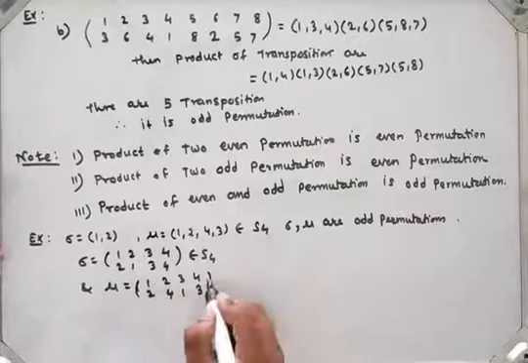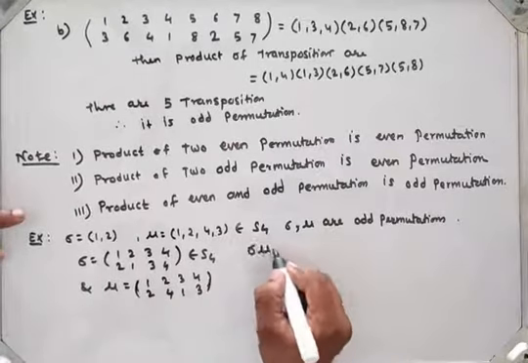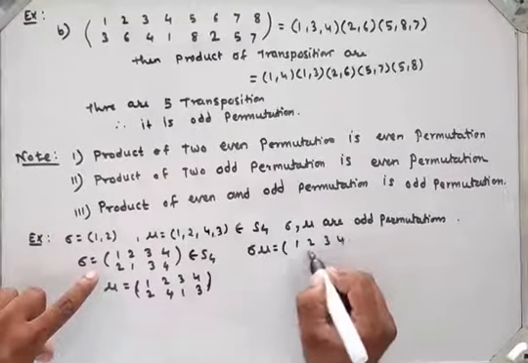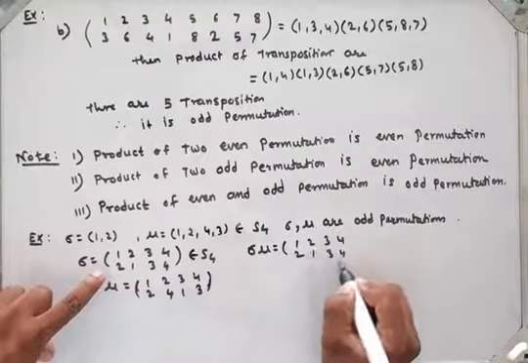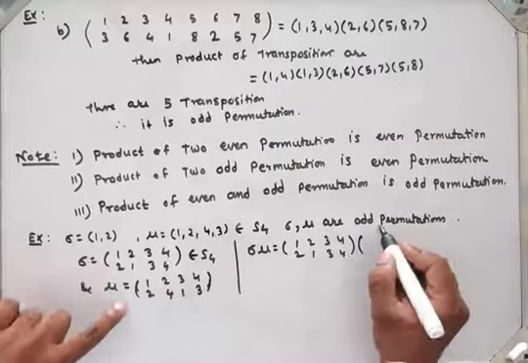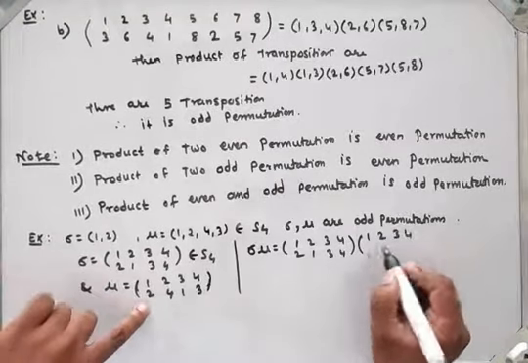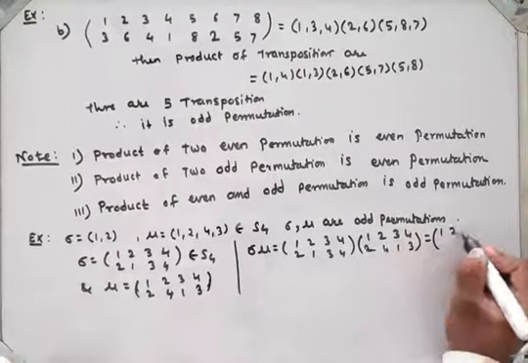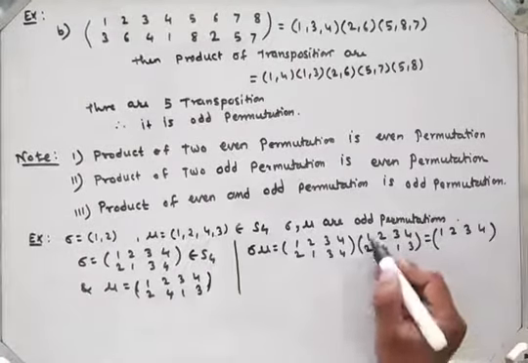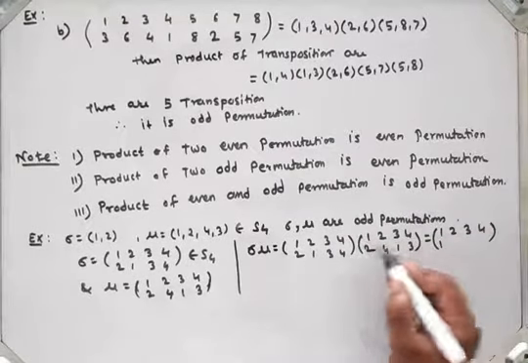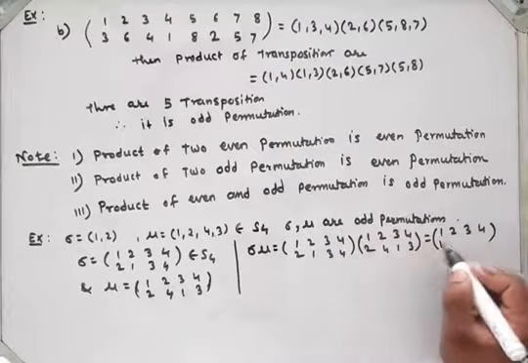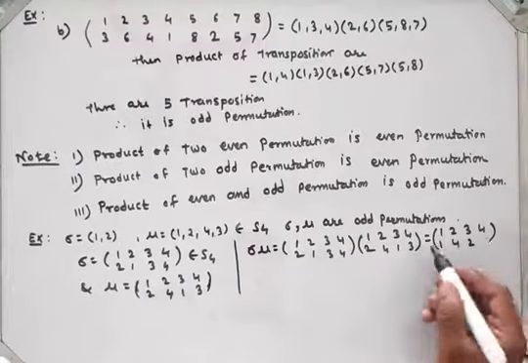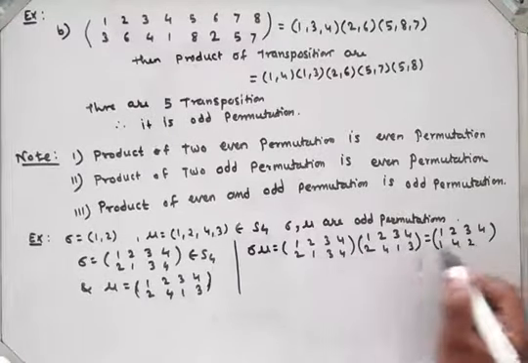Sigma and mu are odd permutations, right? Then their product, sigma into mu, can be written as 1 2 3 4 / 2 1 3 4 into 1 2 3 4 / 2 4 1 3. So in the product of these two: 1 goes to 2, 2 goes to 1, 2 goes to 4, 4 goes to 4, 3 goes to 1, 1 goes to 2, and next 4 goes to 3, 3 goes to 3.